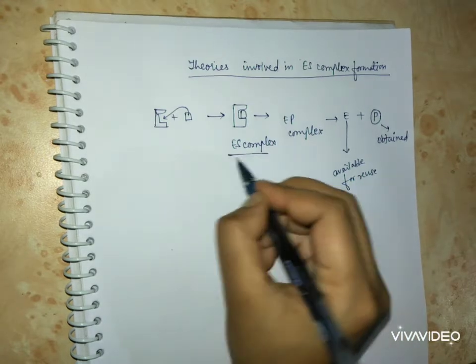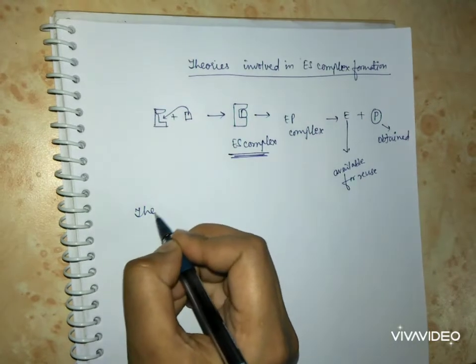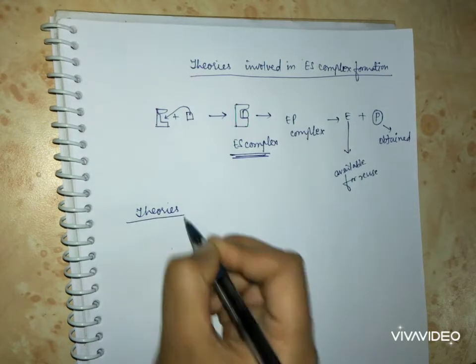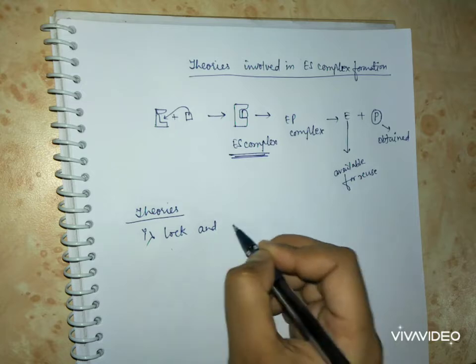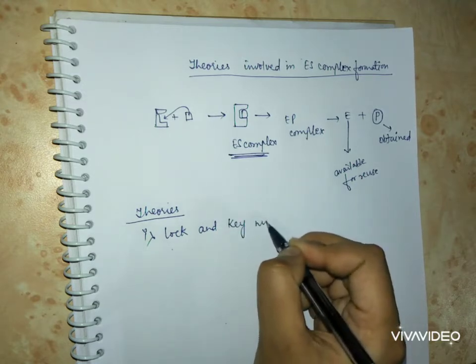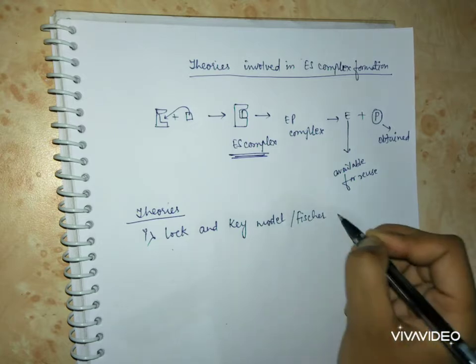How does this enzyme substrate complex formation occur? A number of theories are involved here. Basically, we'll discuss three theories. Number one is the lock and key model, also called the Fischer model.